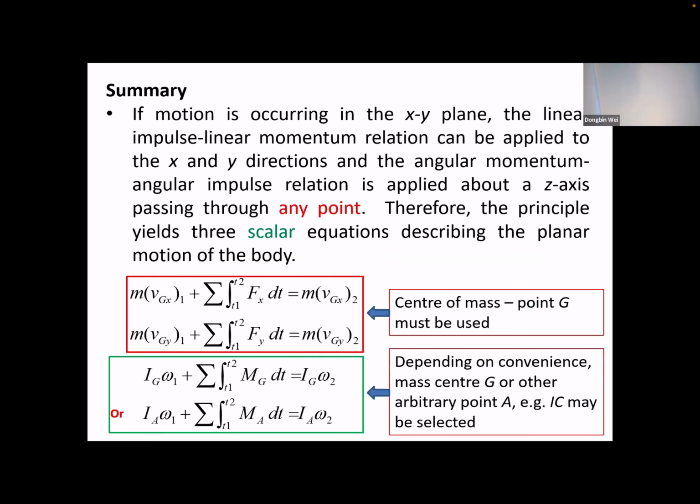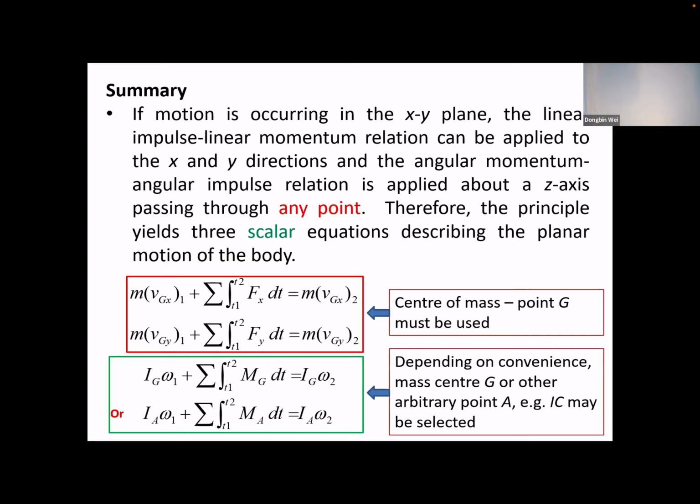Now, let's have a summary. We are going to use the principle of linear and angular impulse and momentum to solve some problems. In this class, we will use this principle to solve only one problem.